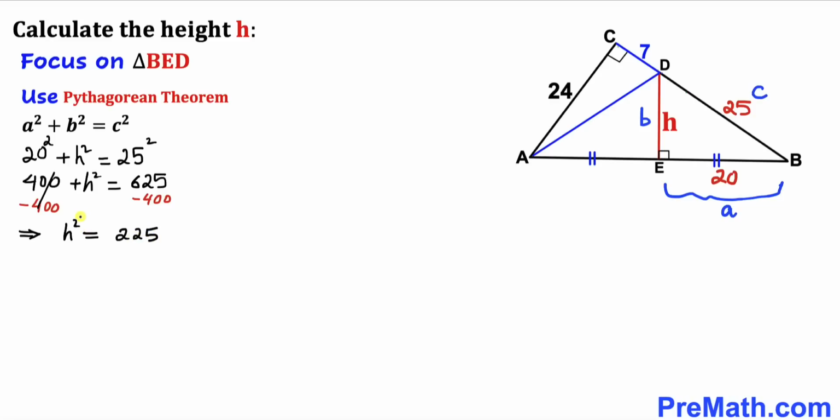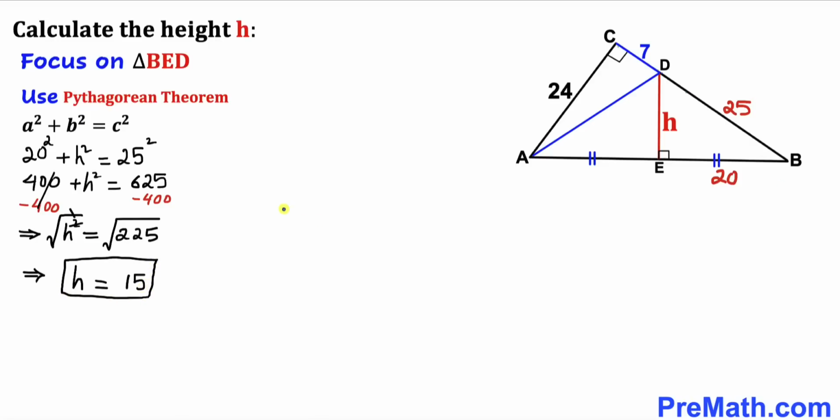Let's go ahead and undo this square by taking the square root on both sides. This square and square root, they undo each other. So we ended up with our height h equals positive 15. We are going to keep the positive sign because our height h is always positive.